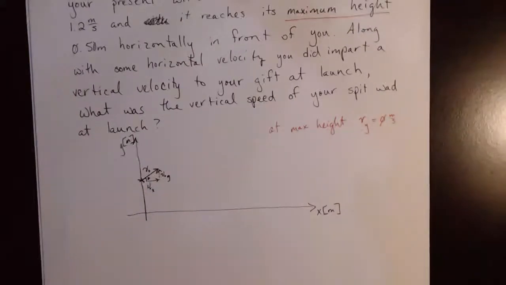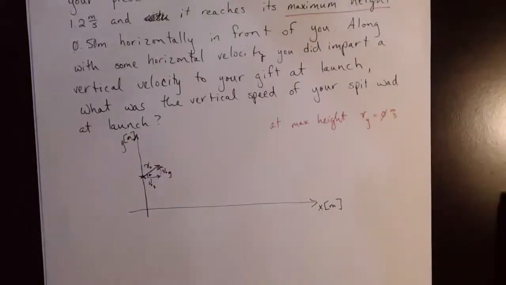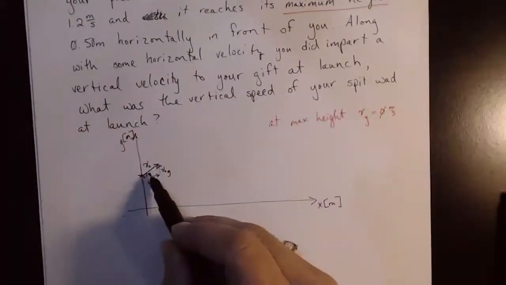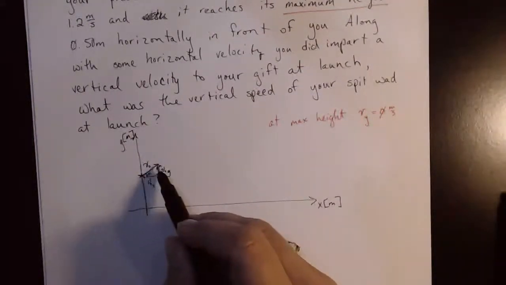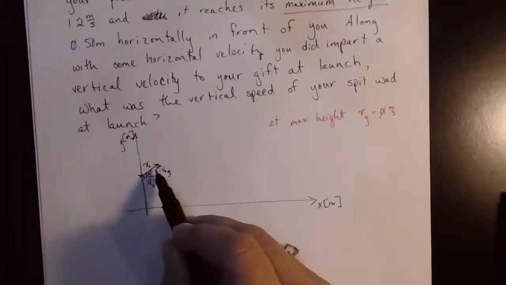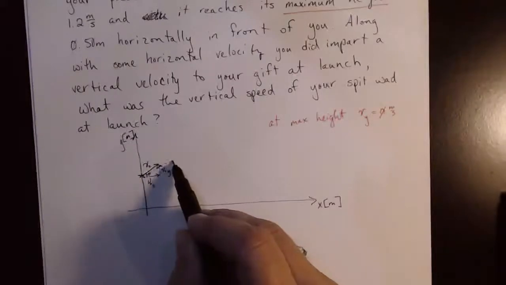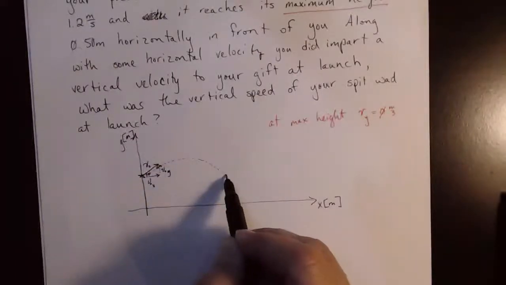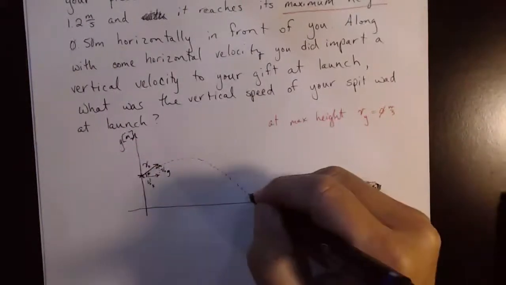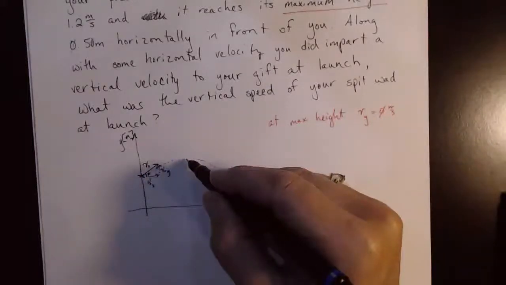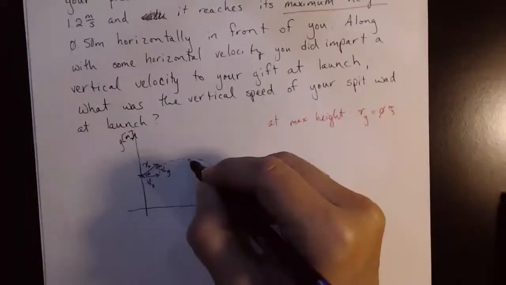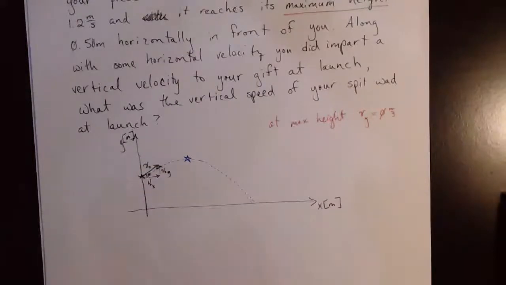The path, because it had some forward and upward component, is tangent-ish to the line of the projectile's path, its trajectory. It's going to come up and down, so it makes sense that it would have a maximum point in space in front of you somewhere.